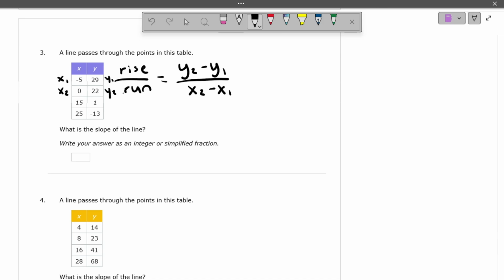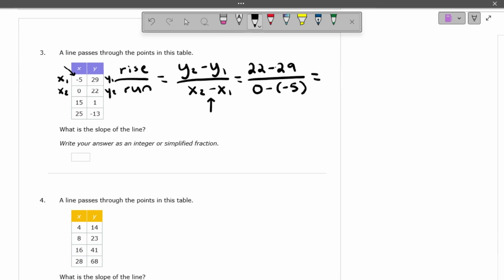You don't want to mix any of those up. So our y2, the one that I labeled, is 22 minus y1, which is 29, divided by 0 minus a -5. So you see, in our formula, we have a negative, but our x1 also has a negative sign in it. So we need to make sure that we include both of those negatives.